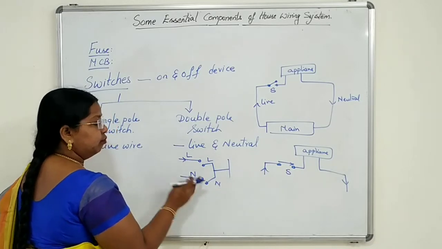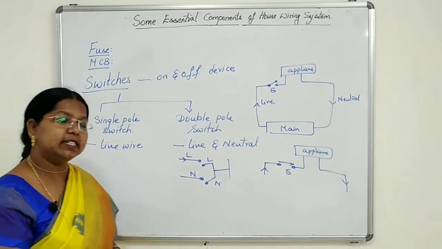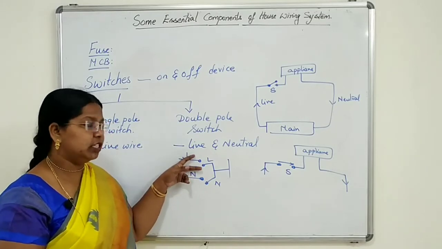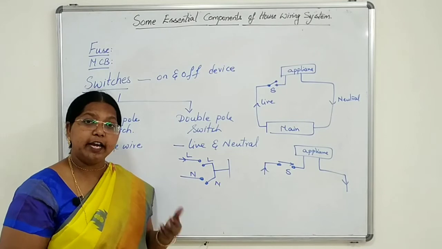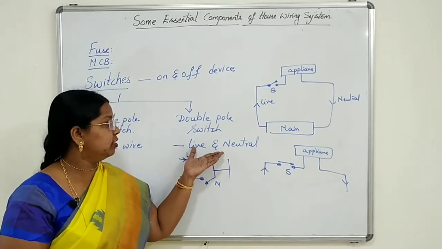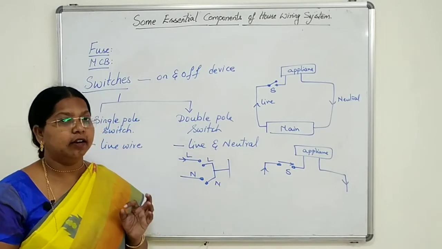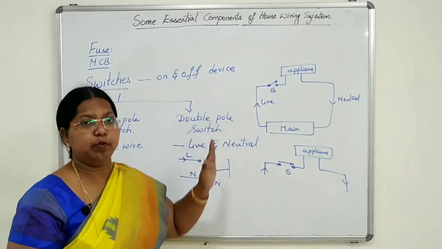Both will be connected at a time, and both will be disconnected at the same time. Double pole switch or ironclad switch or main switch. So the connection is made simultaneously. Clear? So single pole and double pole switch.